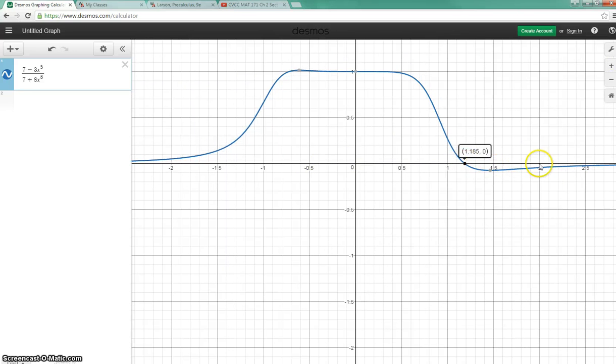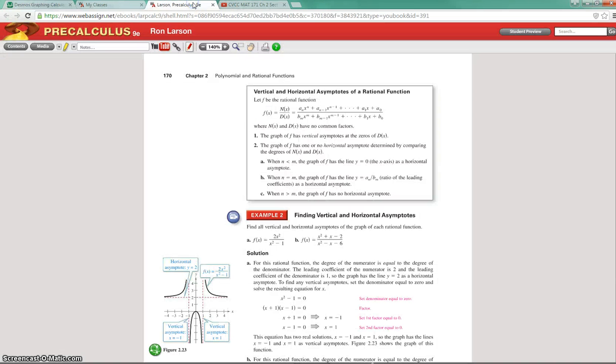I crossed, and then I'm hugging. So this is how we find vertical and horizontal asymptotes: vertical by setting the denominator equal to 0, and horizontal asymptotes by looking at the degree of the polynomial on top and bottom.